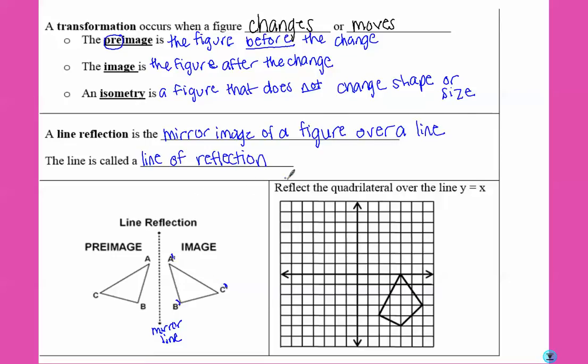So if we want to reflect the quadrilateral over the line y equals x, well, y equals x means that y and x are always equal to each other on that line. So 0, 0, 1, 1, 2, 2, 3, 3, all the way on, as well as into the negatives.